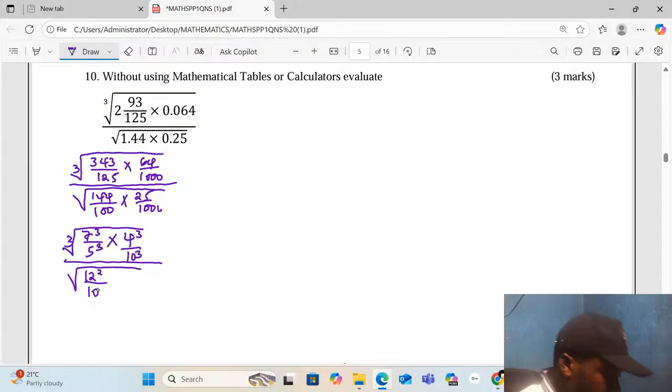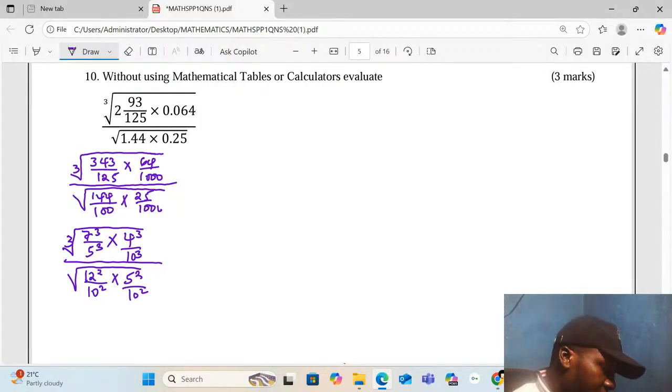Then multiply by 25, which is the same as 5 squared, over 100, which is the same as 10 squared. So we have the cube root of 7 power 3 over 5 power 3 times 4 power 3 over 10 power 3, then the denominator is the square root of 12 squared over 10 squared times 5 squared over 10 squared.